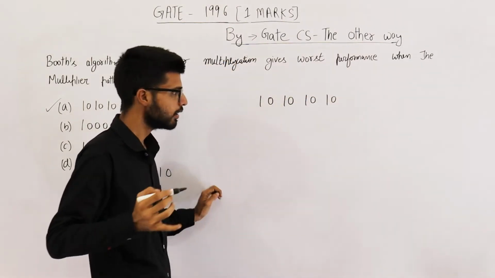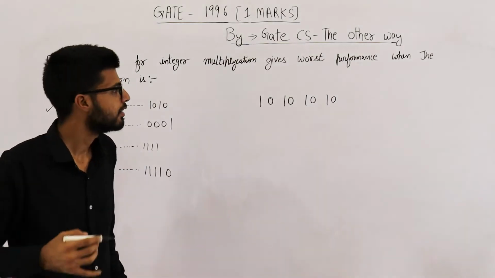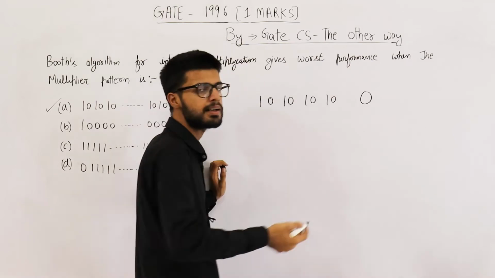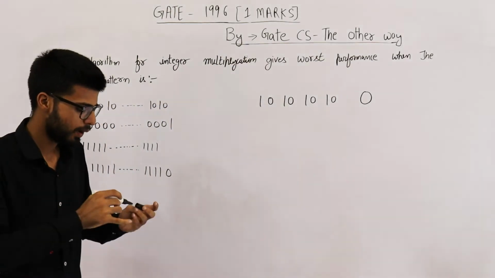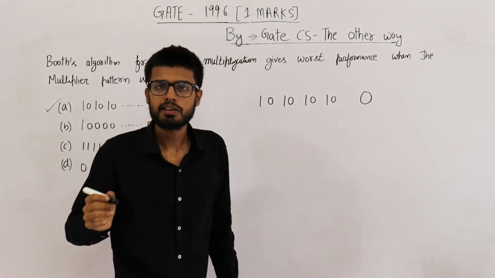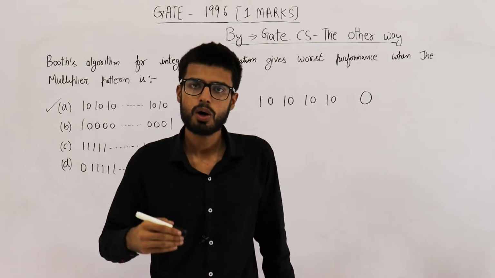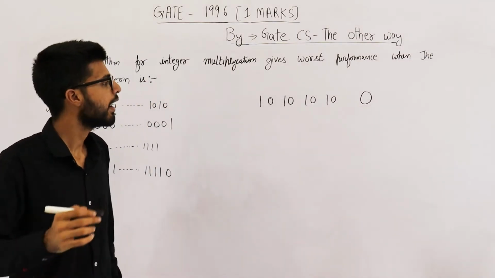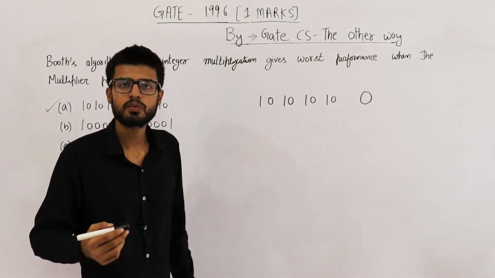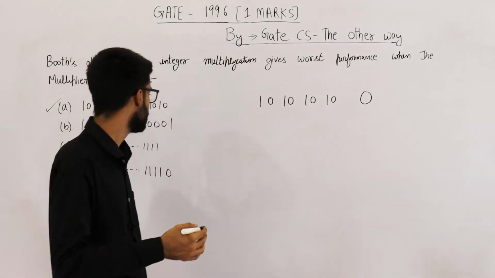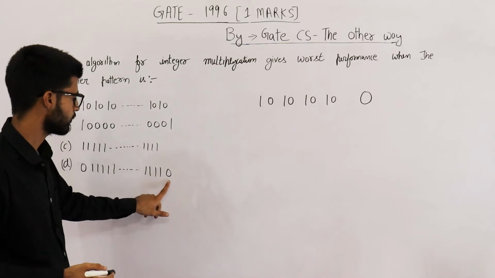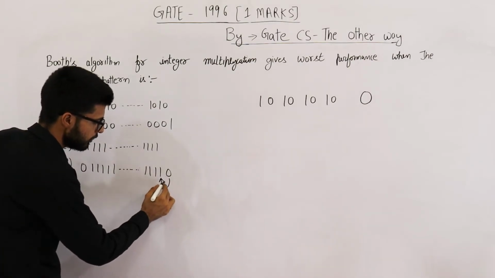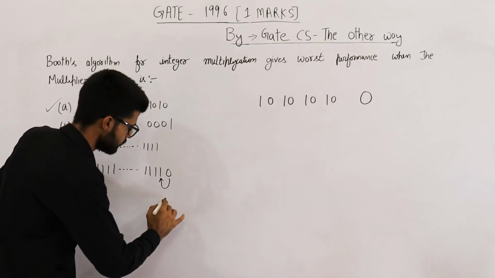Okay. Now to find the number of operations, step 1 is you append a 0 to the right hand side of this number. Whenever the change is from 0 to 0 or 1 to 1, you will output 0. Okay. And whenever the change is from 0 to 1, that means, for example, here, if the current bit is 0 and the next bit is 1, you are going to output -1.